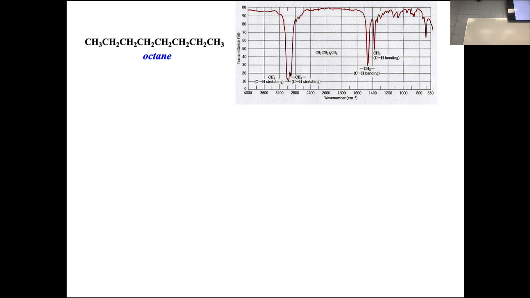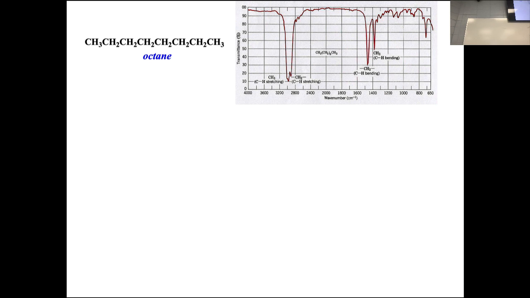And so, in fact, that's exactly what we see. If I come in and draw my line, there's 1,500. All this is the fingerprint region. There's all the CC stuff going on, but we're going to ignore that. That's 1,500, and there's 2,000. There's nothing there.